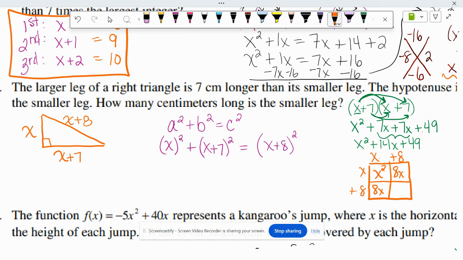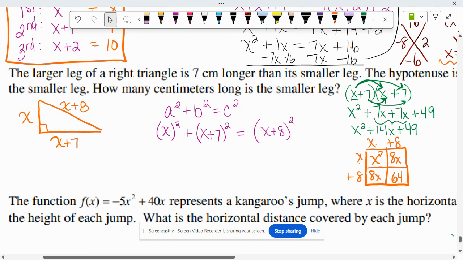And 8 times 8 is 64. What do you typically do on the diagonal? Say it loudly so I can hear you. Yeah, you typically are able to combine the like terms. So I have x squared plus 16x plus 64.